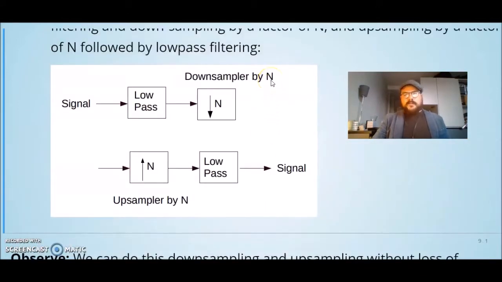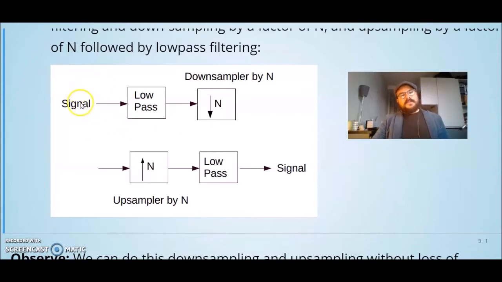So n is equal to 2, 1 over n is 0.5. The Nyquist frequency of 32 kilohertz is 16 kilohertz. 0.5 is equal to half the Nyquist frequency. So half of 16 kilohertz is 8 kilohertz.